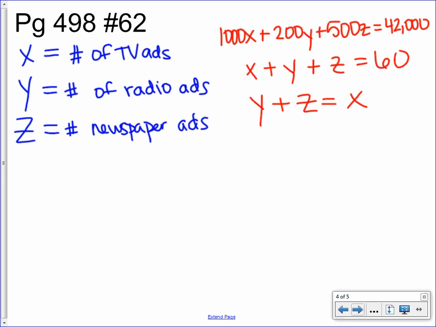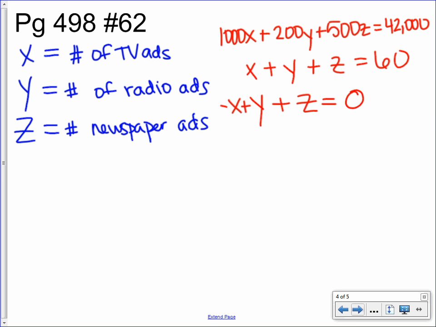Now, what are we going to have to do with this equation before we go any further? Okay, so are you okay with me writing this as negative x plus y plus z equals 0? Does that mean the same thing if I subtract that over?